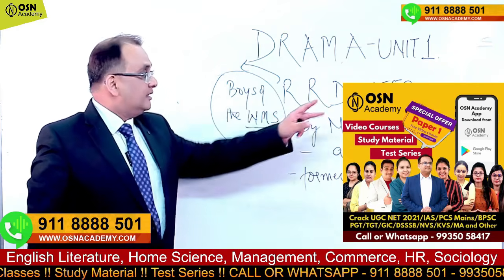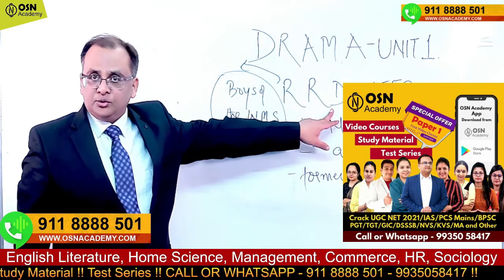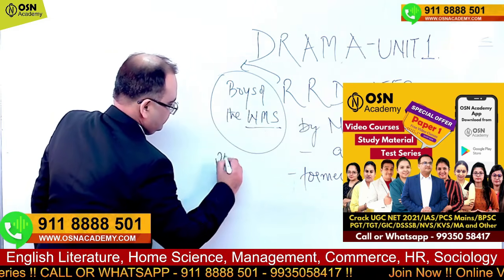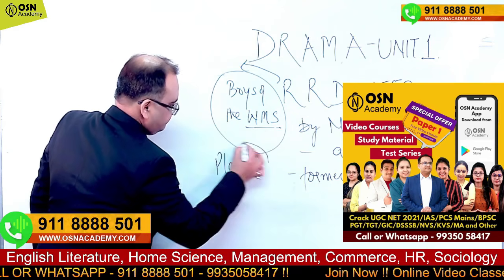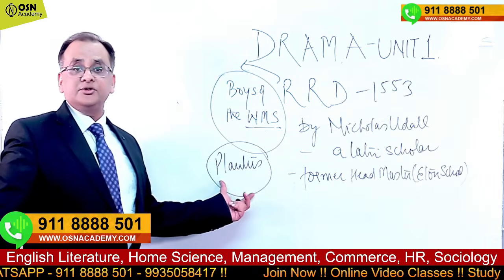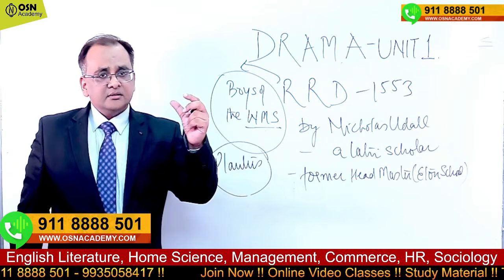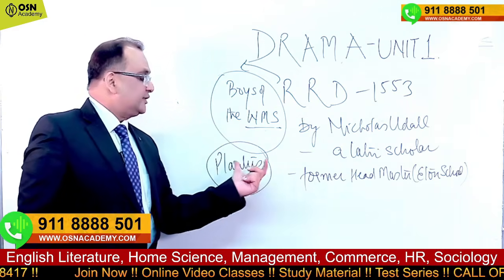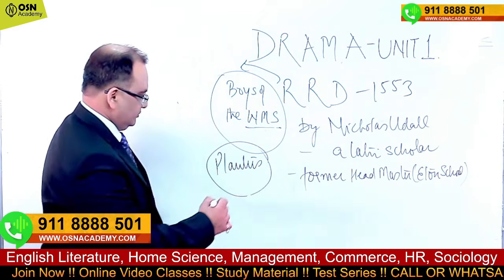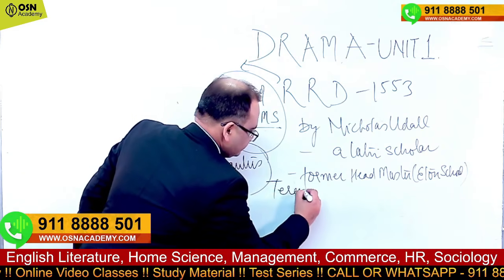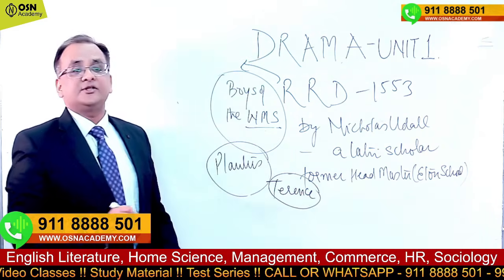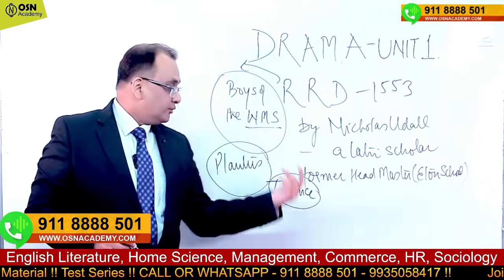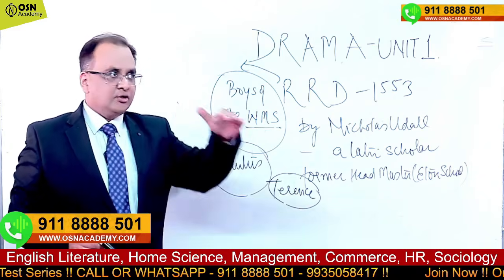And the play Ralph Roister Doister shows similarity to the comedies of Plautus and also the comedies of Terence, who is one of the other famous Roman comic dramatists of the past.